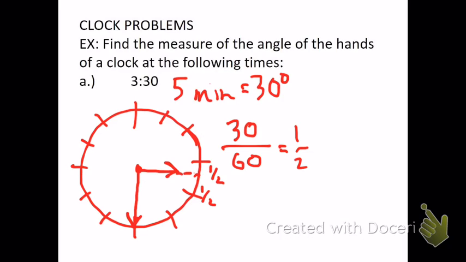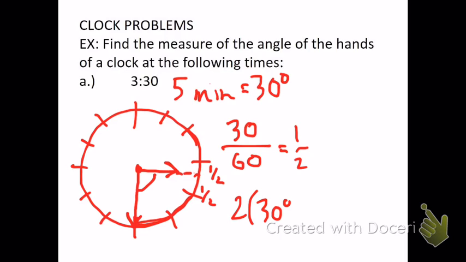So then you write your equation. How many whole sections of 5 minutes do we have between these two hands? Whole sections of 5 minutes. How many? No, we don't have 3. Go ahead. 2. You have 2. So we're going to take 2 times 30 degrees. That accounts for this.